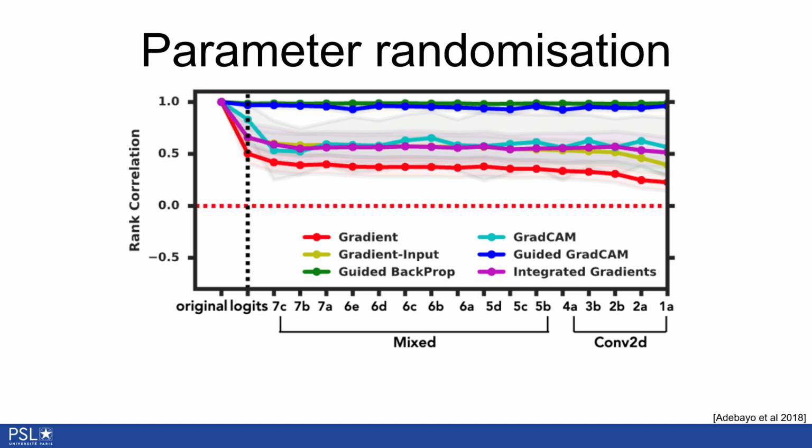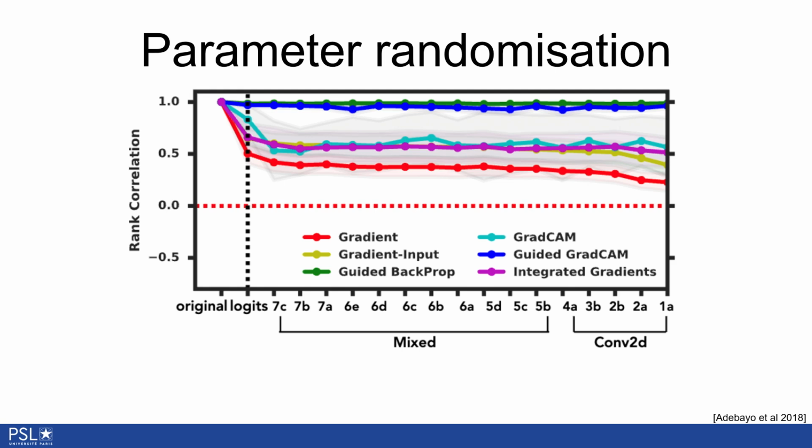A rank correlation of 1 means the two maps are identical, while 0 means they are completely uncorrelated. The x-axis corresponds to randomizing different layers in the network, starting from the top one and going towards the early layers. The different colored curves show the results obtained for the different methods used for computing saliency maps.